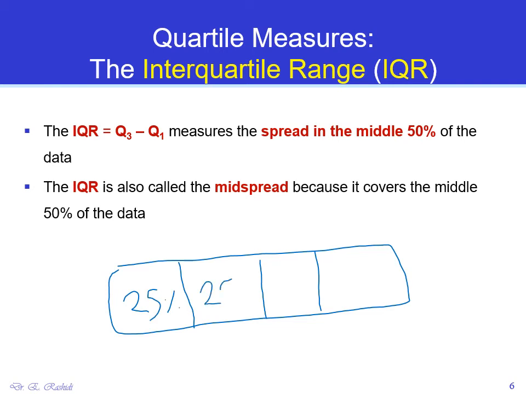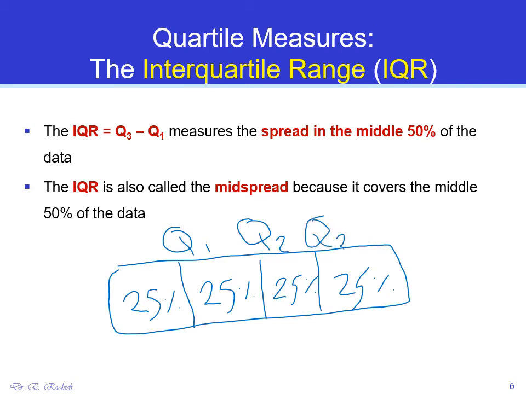The next covers also 25% of your data, so they include equal size of your data. And we know that this is our first quartile. This is the second quartile or the median, and this is the third quartile.